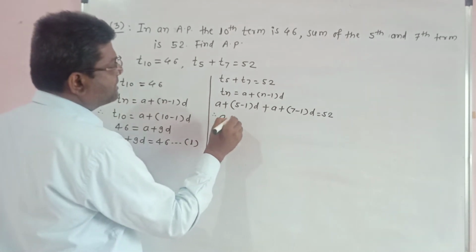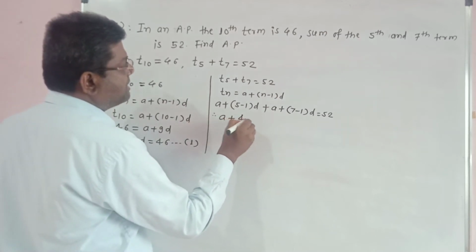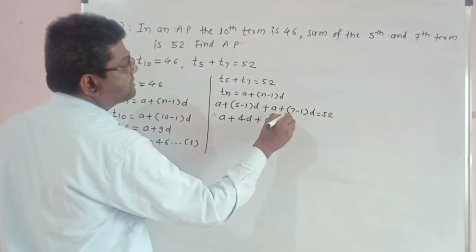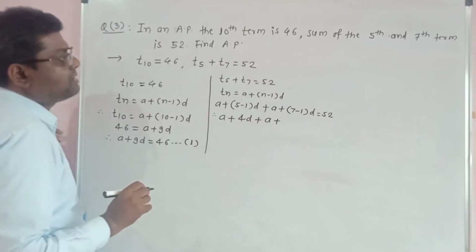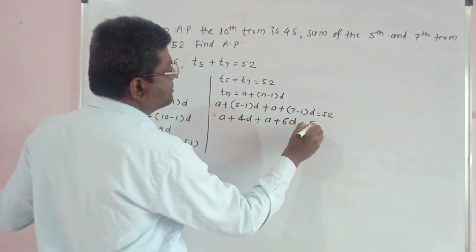Therefore a plus 5 minus 1 is 4, 4d, plus a plus 7 minus 1 is 6, 6d is equal to 52.